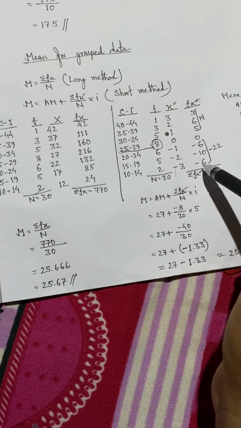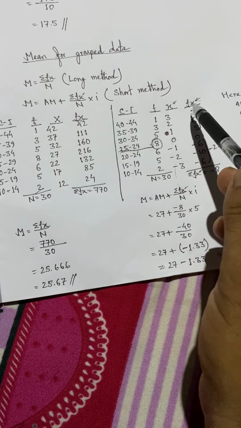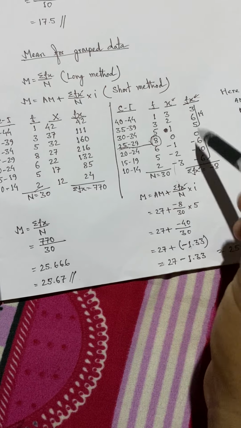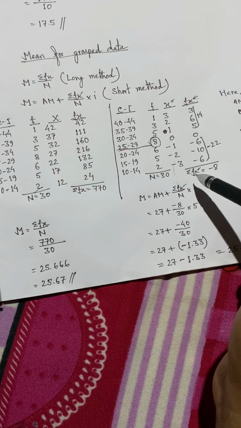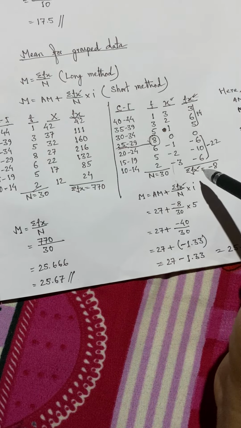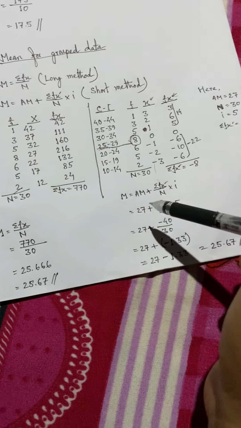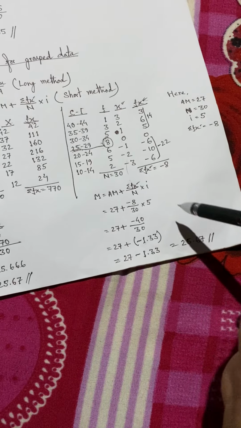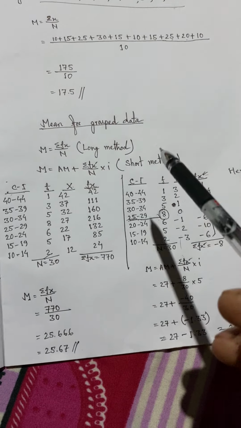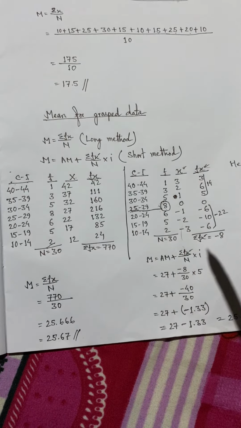After getting these fx values, you have to add all the fx, that is sigma fx, the sum of all these fx. Then you use it in the formula, and you will get the mean. So you have to remember the method and learn the formula by heart.